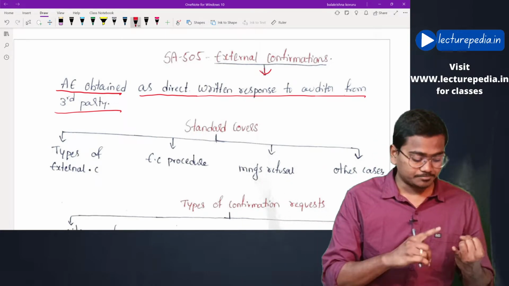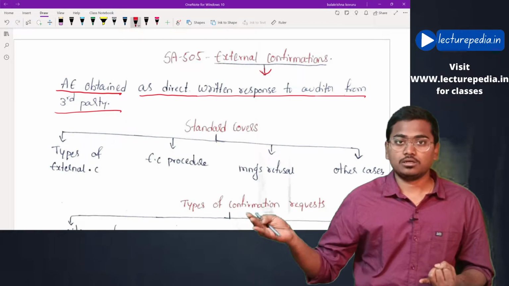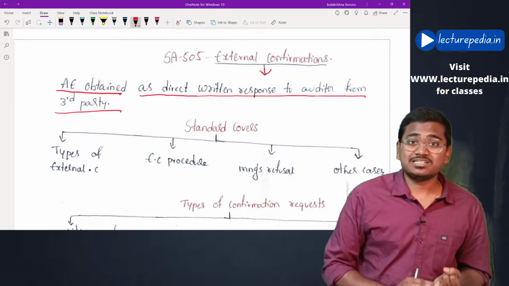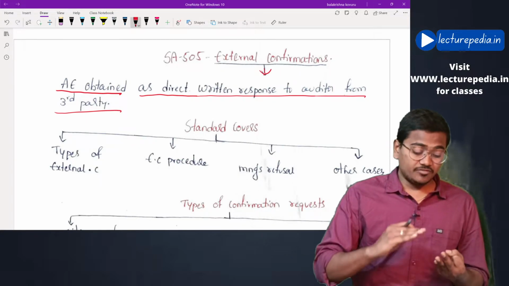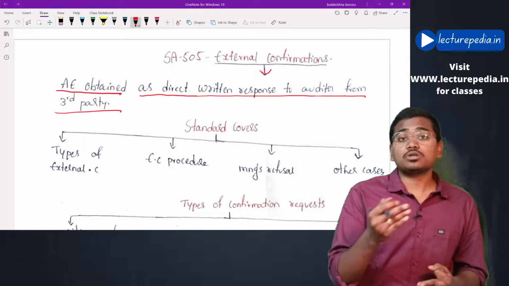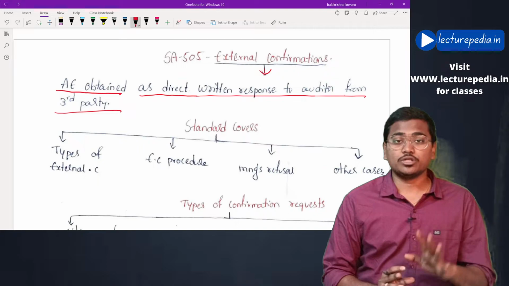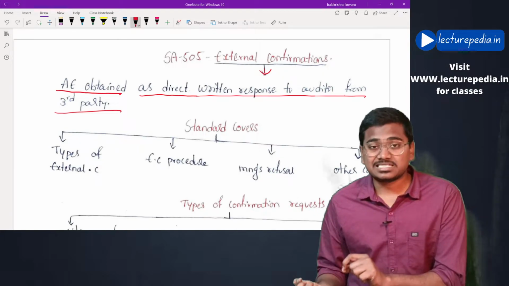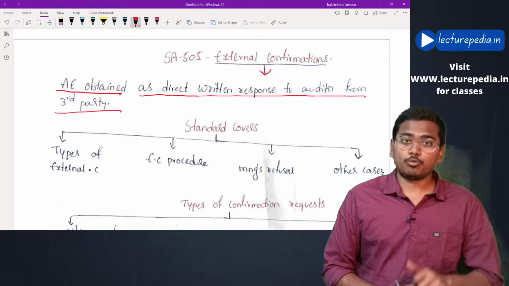Like if audit evidence is obtained from an external party, it is more reliable. If audit evidence is in written form, it is more reliable. If the audit evidence is obtained directly by the auditor, then it is more reliable. Like this we have seen certain points of reliability. Now this external confirmation has most of those reliable points.